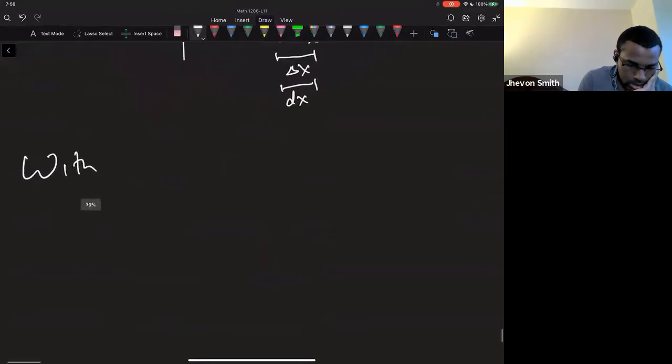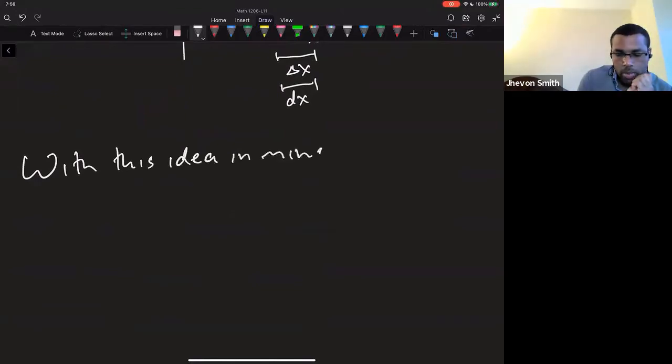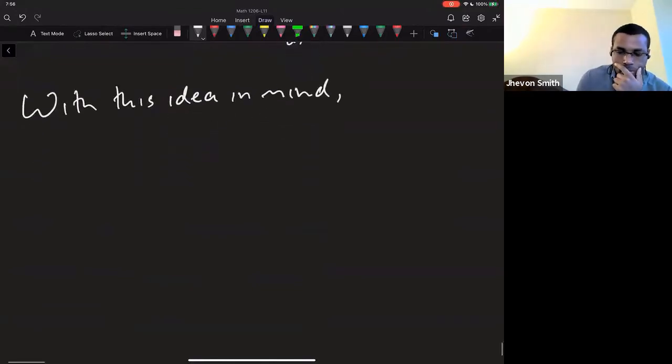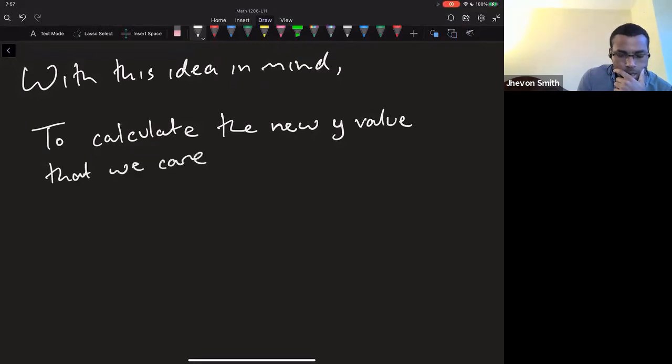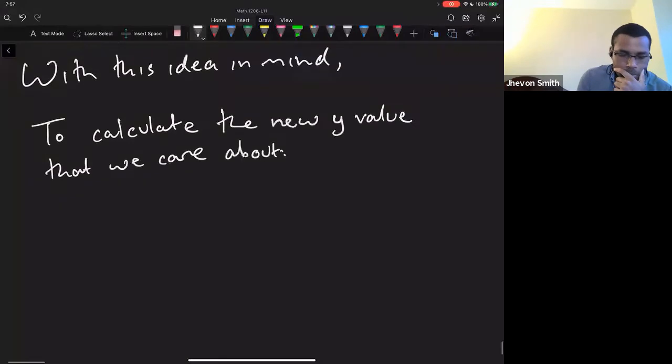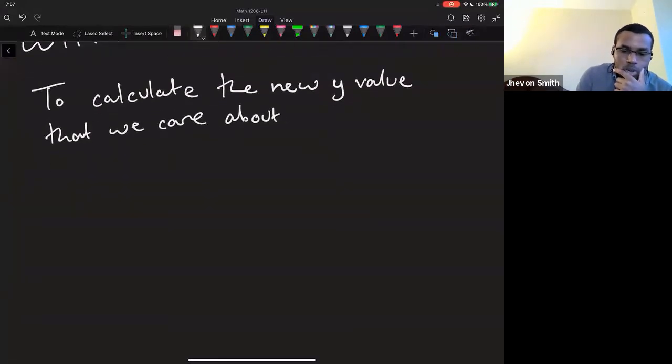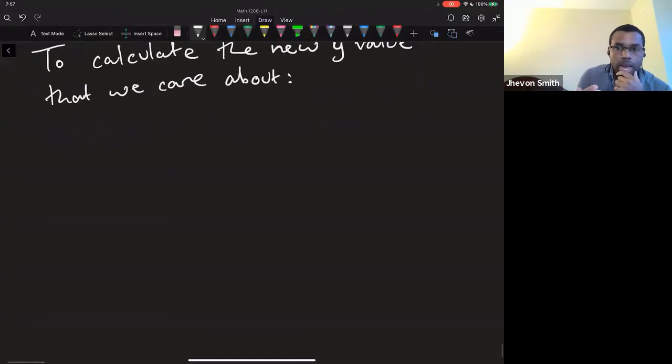And so with this idea in mind, to calculate the new y value that we care about, what you can do is start with the old y value and add the change in y.